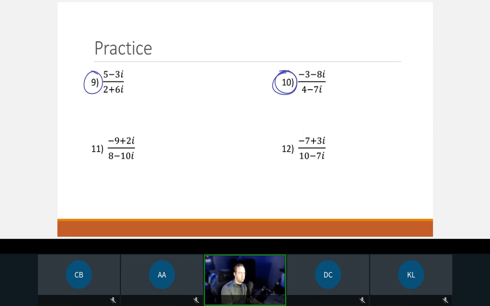Typing an answer like that is actually wrong. I know what you meant, but what you typed isn't what you meant. Hopefully, you understand what I'm saying. So negative 1/5 minus, you're saying that 9i is in the numerator, so you need to put that 9i in parentheses.